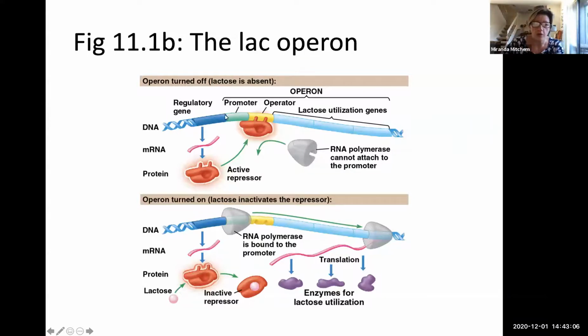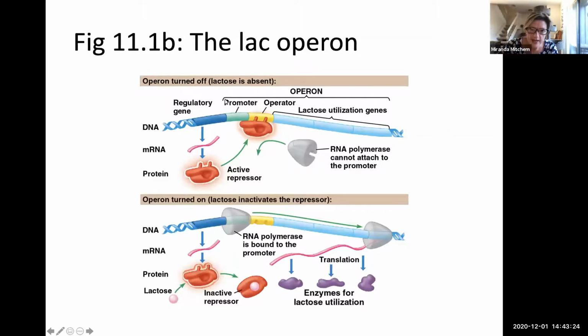Let's first focus again on the top part of this figure when the operon is off. So we're in the DNA. All of these sequences are in the DNA of the operon.